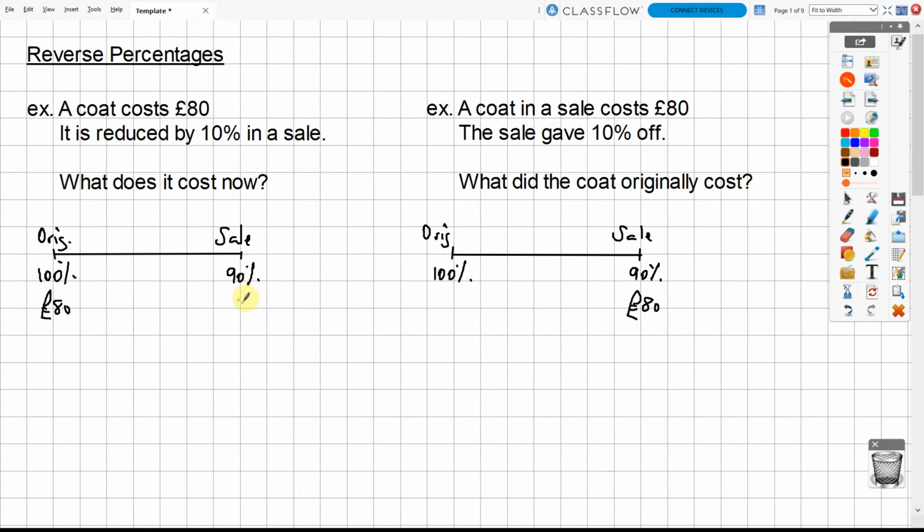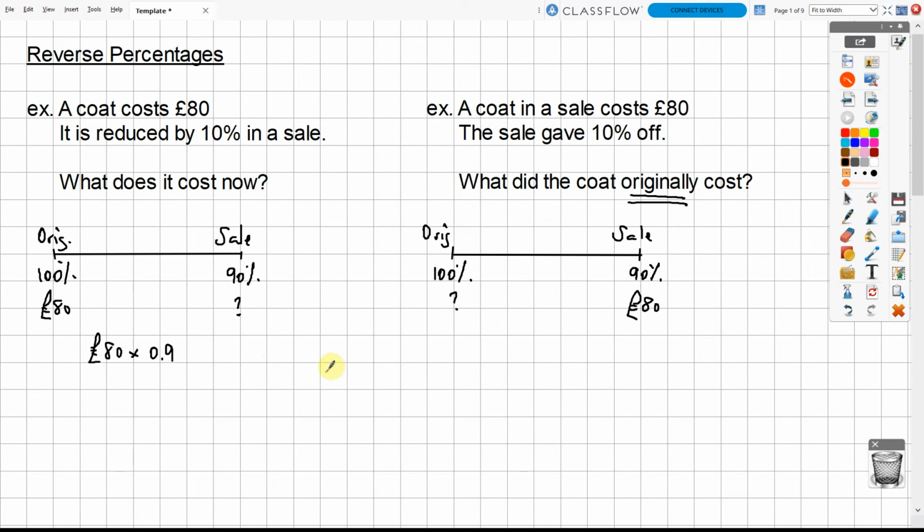They're asking us on the first question what it costs now that it's in the sale. Here, and this is the critical word, what did the coat originally cost? They're asking us for the cost here. Now hopefully you can see that they are different questions. Now this one, if we were to use a percentage multiplier, would probably be best done like that.